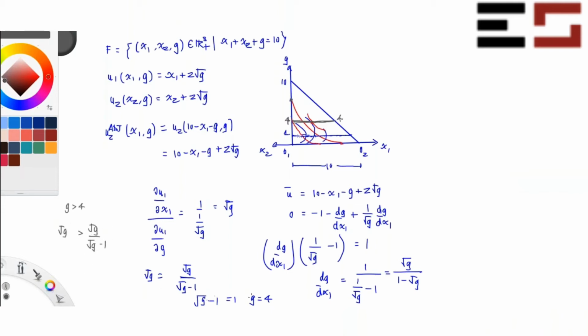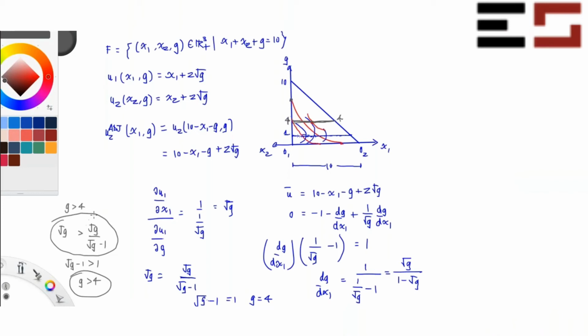Again we can do the same thing, and we are going to get what? Well, root g minus 1 is greater than 1, which gives you g greater than 4. So notice that g greater than 4 is equivalent to this.